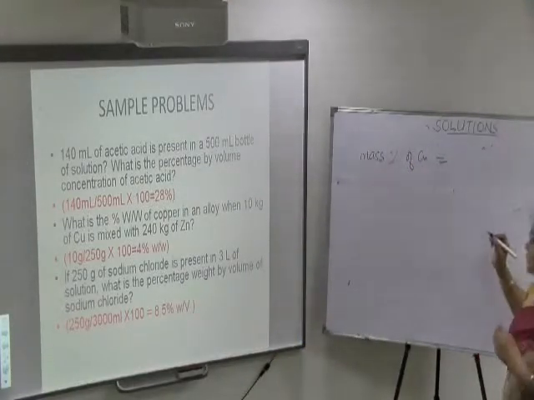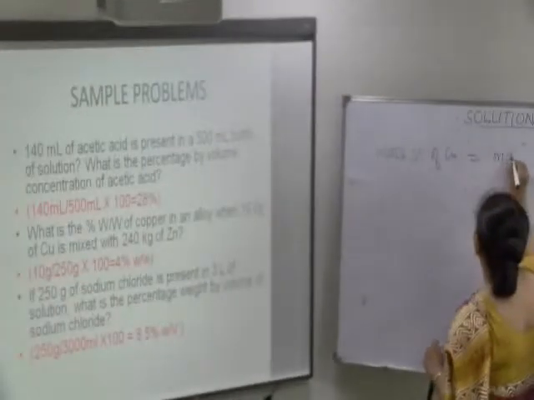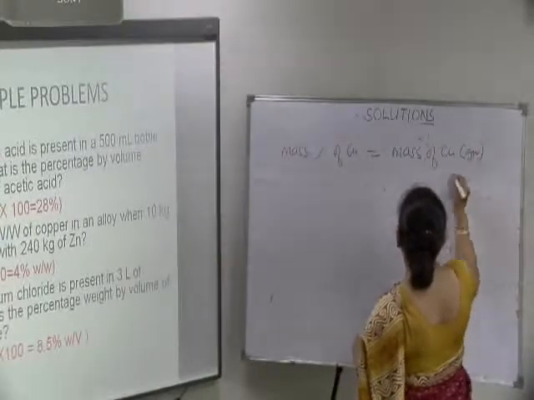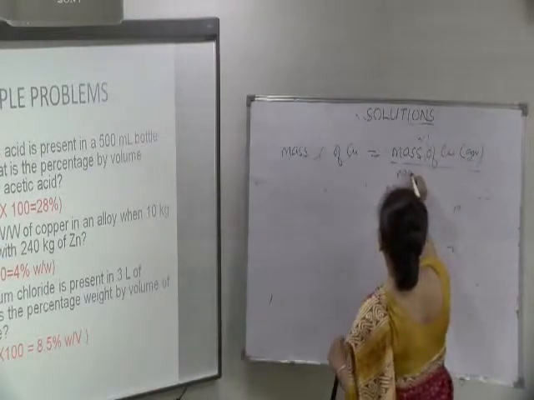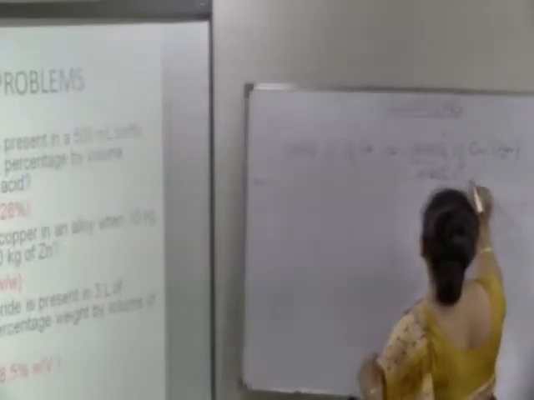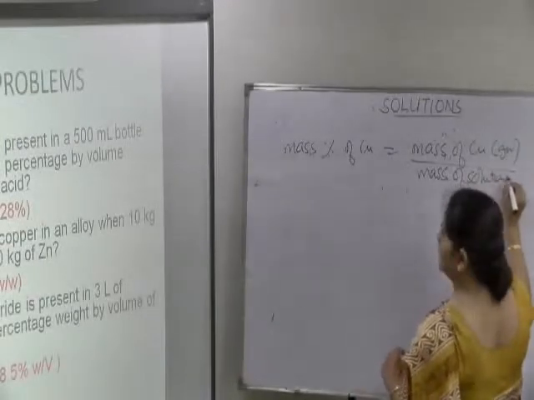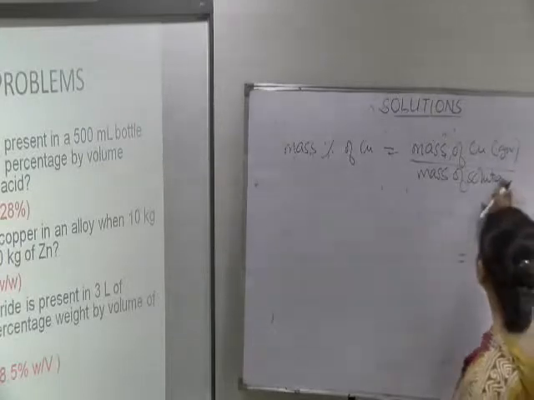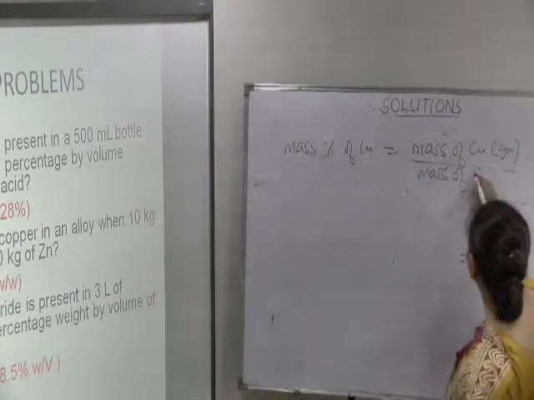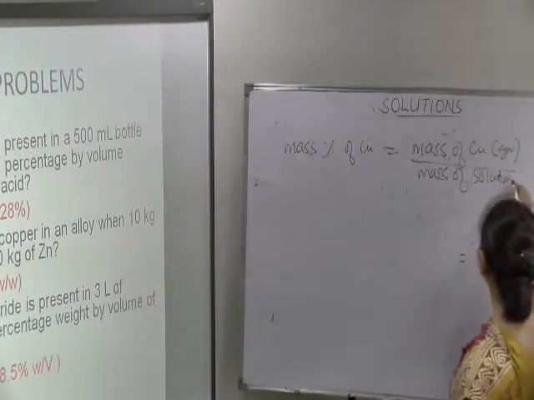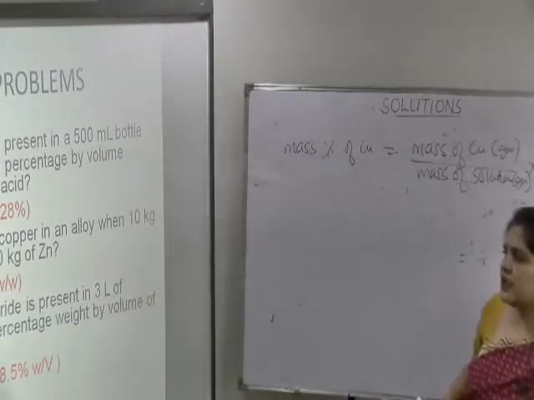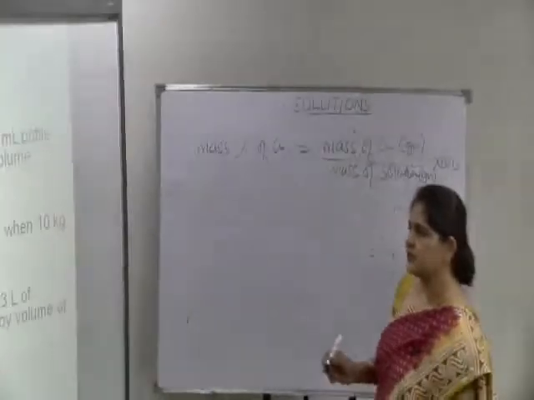And if you remember the formula, it is the mass of copper in grams upon the mass of solution in grams into 100. This is what is mass percentage.